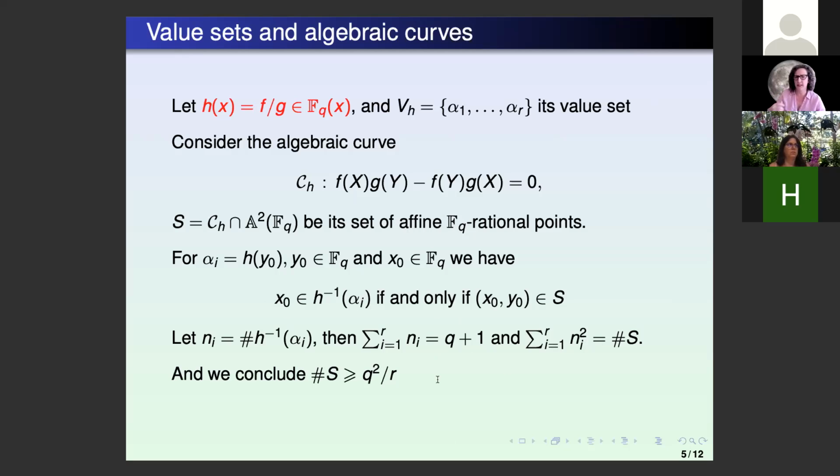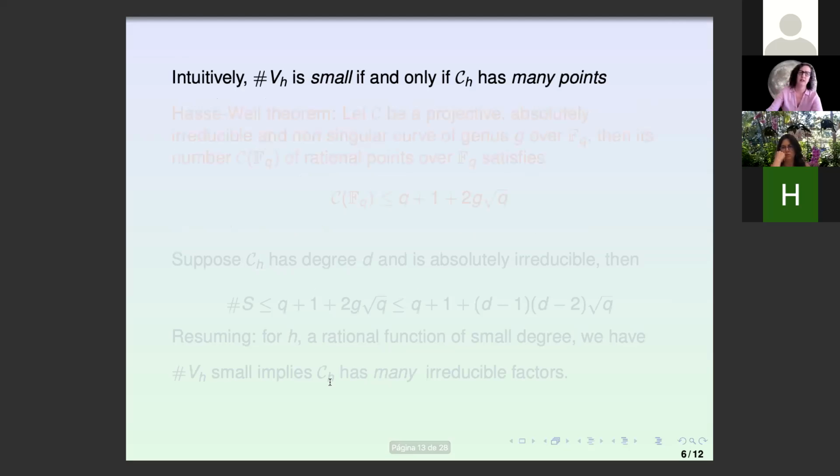So what can we say about this? It means that if the value set is small, I mean, if r is small, your curve has many points. But curves with many points cannot be irreducible, and this is the way we are going to go on. So the value set is small if and only if your curve has many points.